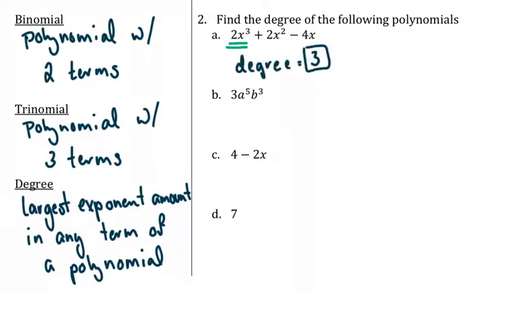Now sometimes it gets a little bit more complicated because you'll notice here that we only have one term, so this has to be our term with degree. And it's also tricky because this is clearly our term that we're working with since it's a monomial. We only have one term, but we have 2 variables. We've got a 5 and a 3 on the B. Because it's a single term, right? This is the idea, it's one term.